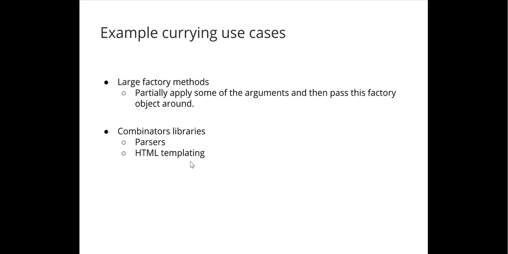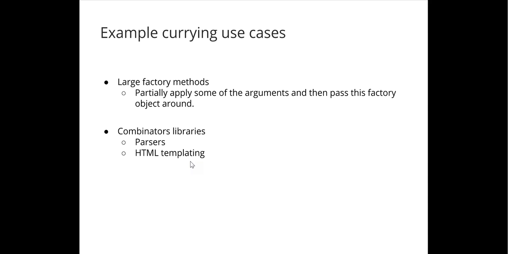And then, of course, there's also what the functional programming team call combinator libraries. So you get these libraries that do things like parsing strings or templating HTML files and the rest of it. And they build up these very general reusable components from just individual functions which can be partially applied. For example, you've got something that will parse any number of things, and you partially apply it to, say, a white space character, and then you get a function back that can parse any number of white space characters.